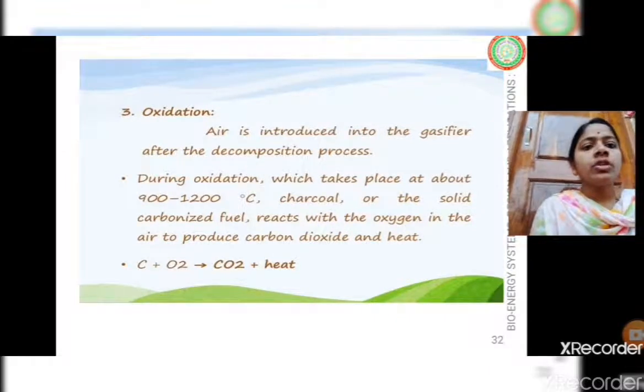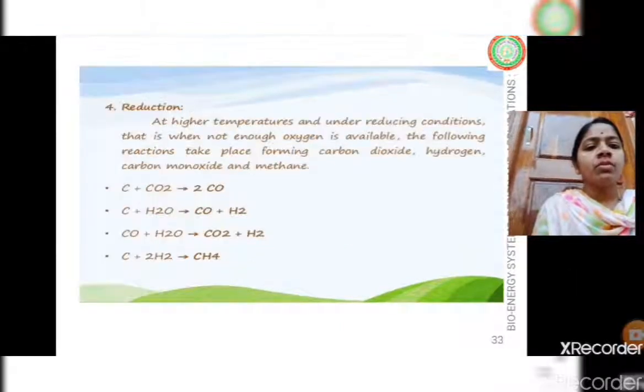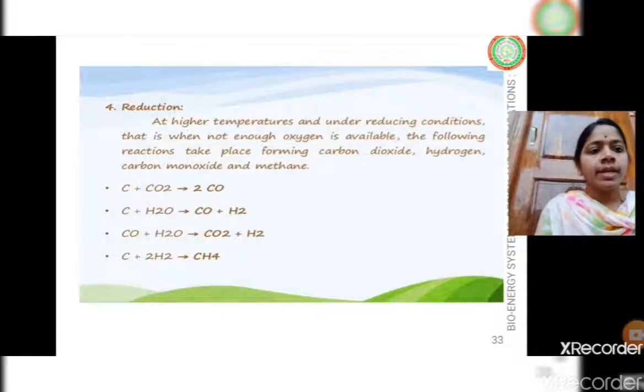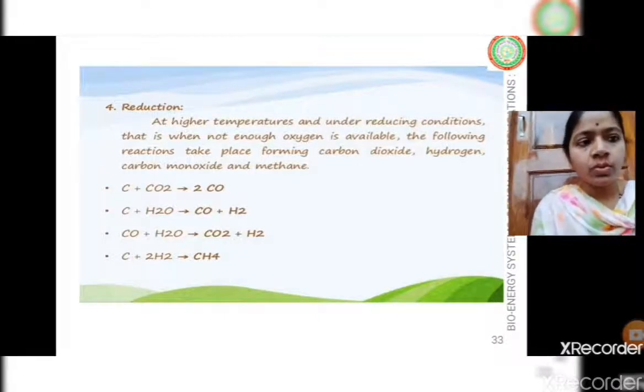Oxidation is a process where, in the presence of oxygen, the reaction takes place. Mainly the carbon molecules react with oxygen, in partial and complete combustion, as well as with water molecules. Whereas the reduction process is the actual gasification process in which the gas is produced.